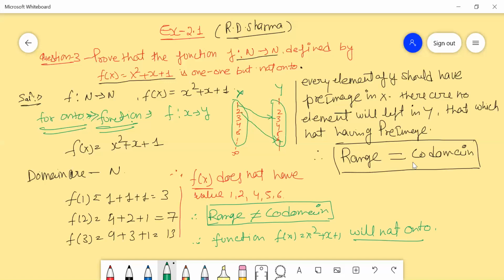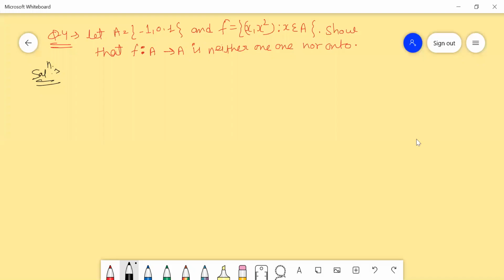So I hope you all are getting this point. That is question number 3, so easy. I have explained, right? So now question number 4. Let A be the set -1, 0 and 1, and the function is a set of x, x square, such that x belongs to set A. So that function f defined from A to A is neither 1-1 nor onto, okay.